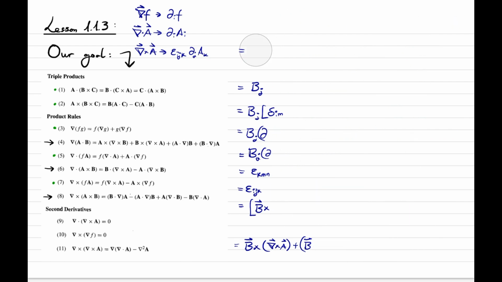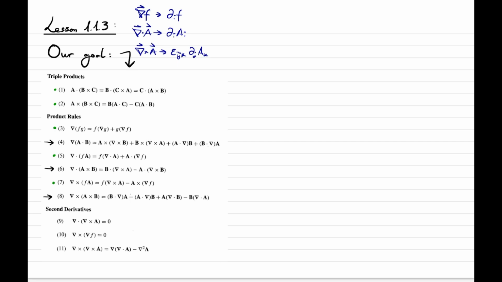Let's go for the last one. We have done 4 and 6, and now we are going to do number 8. So in number 8 we have the curl of the cross product between A and B. So this in index notation is basically, we are going to stay with the i as the free index, and this is epsilon ijk.